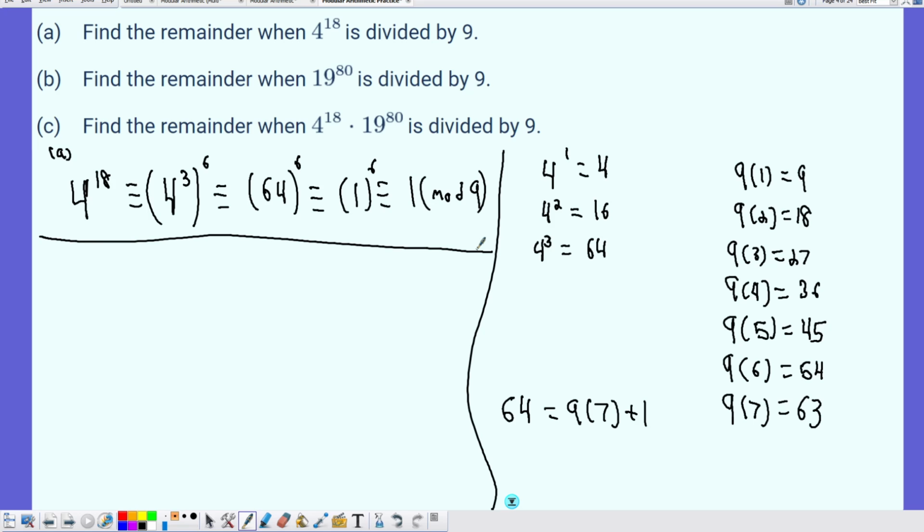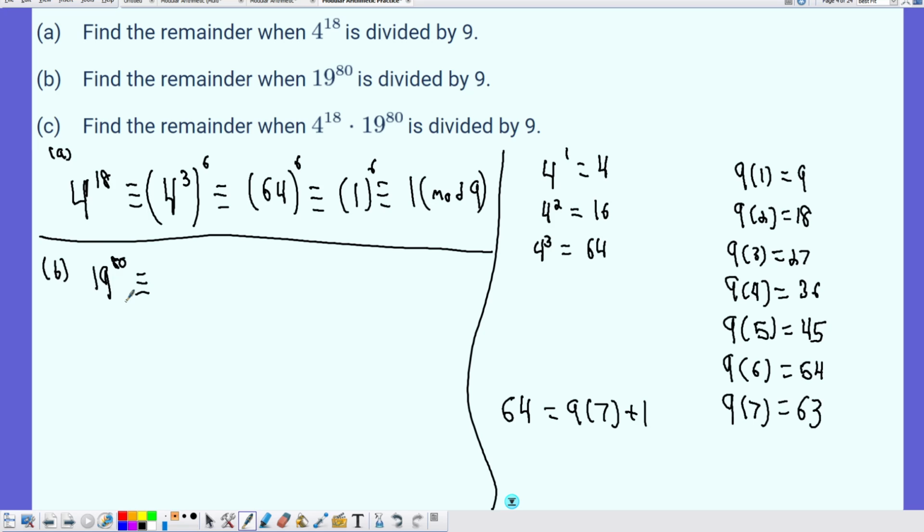All right, well, part B says find the remainder of 19 to the 80th power mod 9. So, 19, well, 9 times 2 is 18.